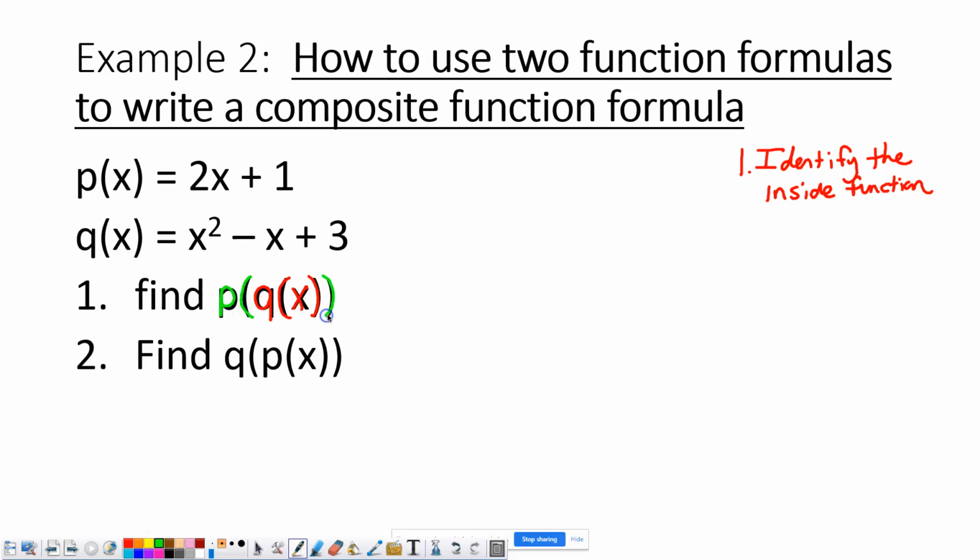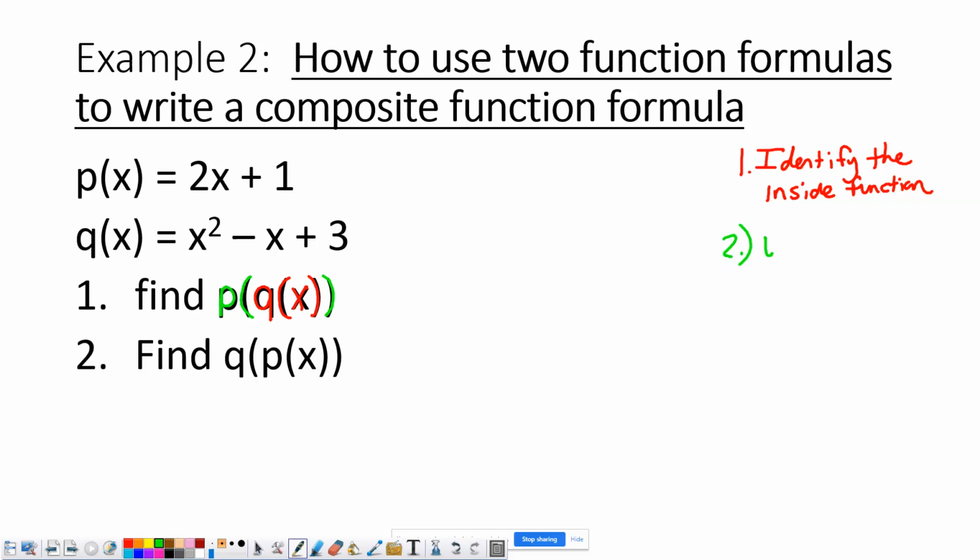So the q of x is inside of the p function. Okay. So in this case, my inside function is the q. Now, since I know that the inside function is q, that means I know that my outside function is the p.